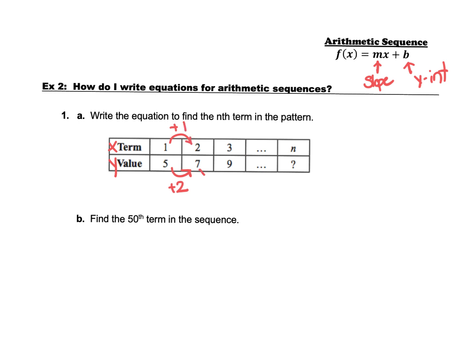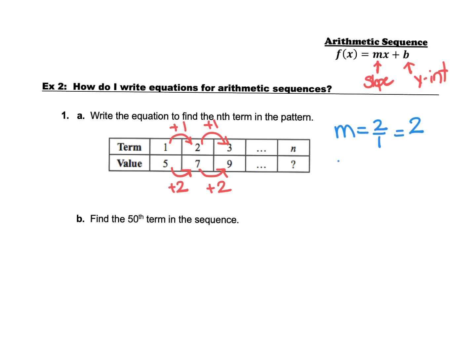And again, from 7 to 9, I'm going up 2, and in the x, I'm going up 1. So when I'm looking at my slope, or the rate of change, or the common difference, our slope here is equal to 2 over 1, which is equal to 2. The change in the y value all over the change in the x value.